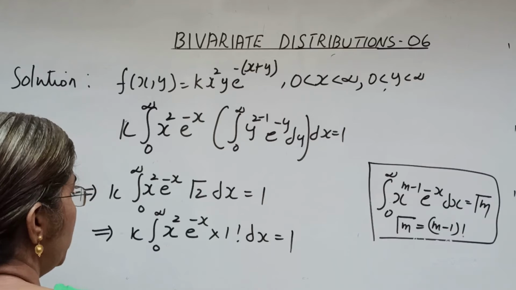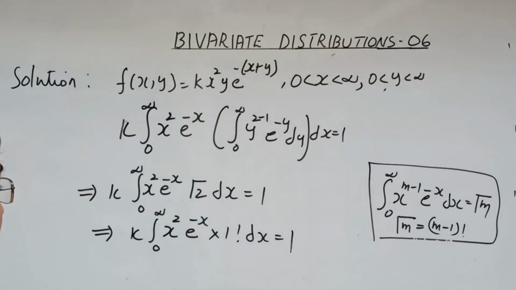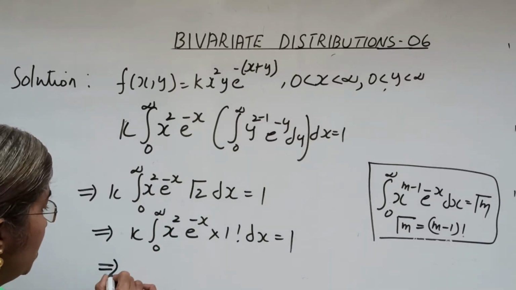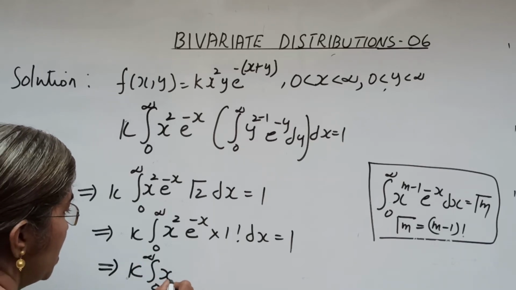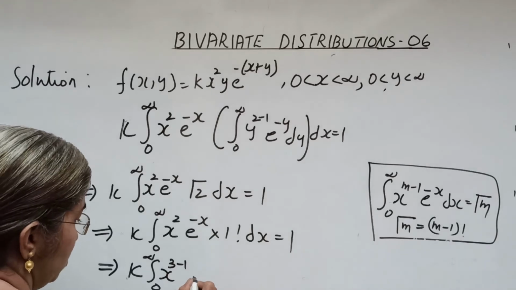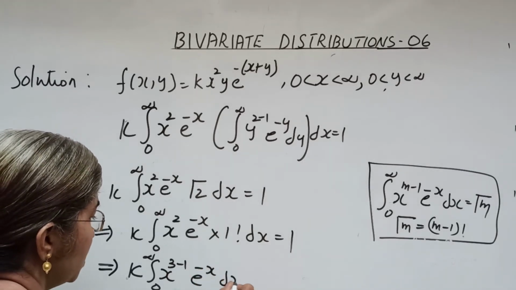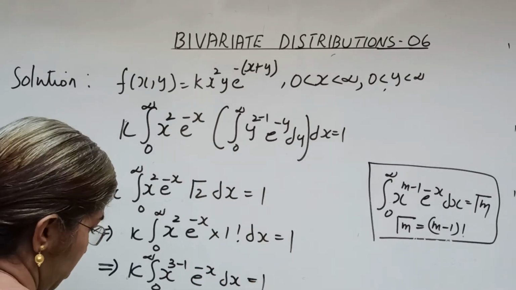And 1 factorial is 1. We have to apply the gamma integral again for this integral. We can write this as k into integral 0 to infinity x raised to 3 minus 1 e raised to minus x dx equal to 1.